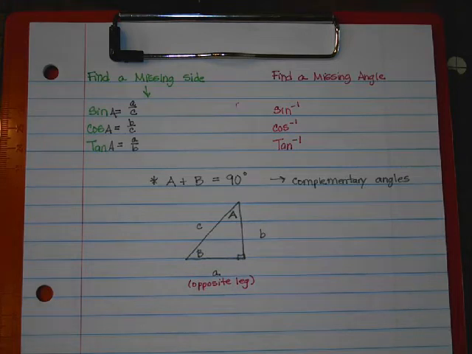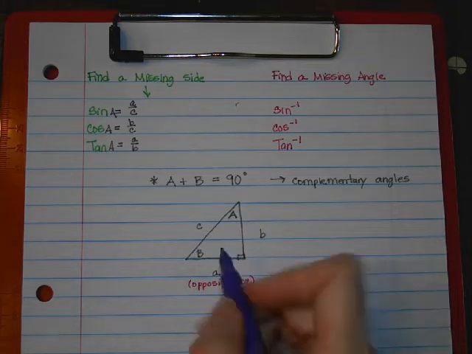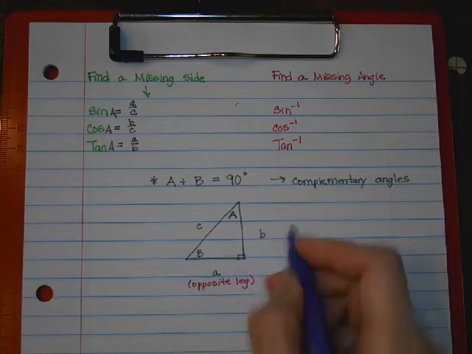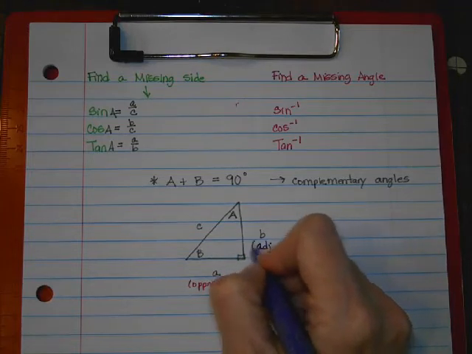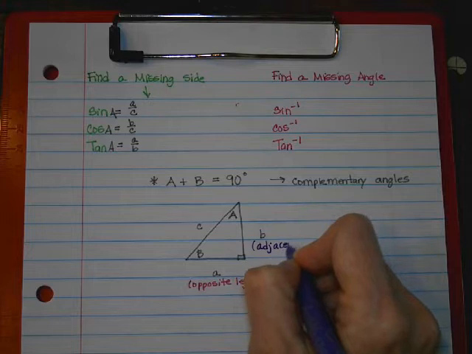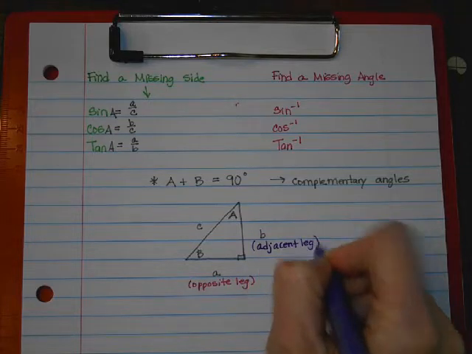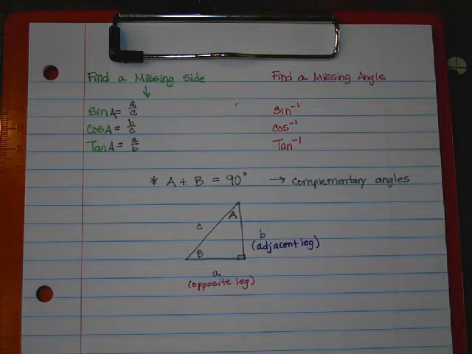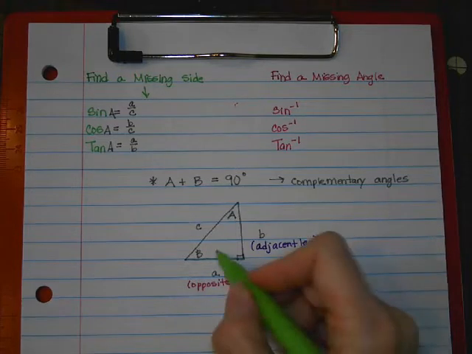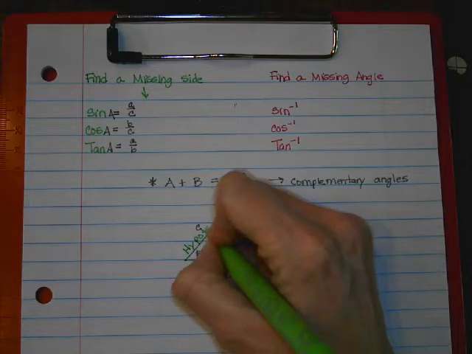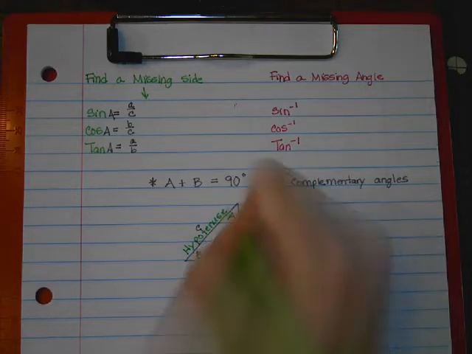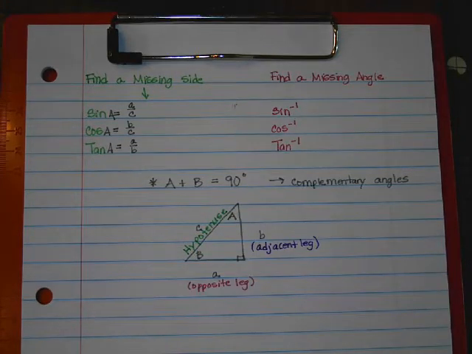We also learned that directly across from big B is little b, and that is our adjacent leg. And we also learned that directly across from the right angle is always our hypotenuse, which is little c.